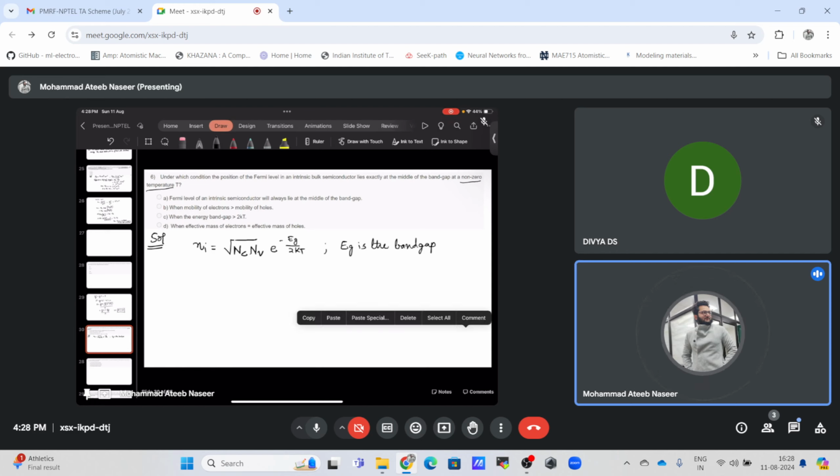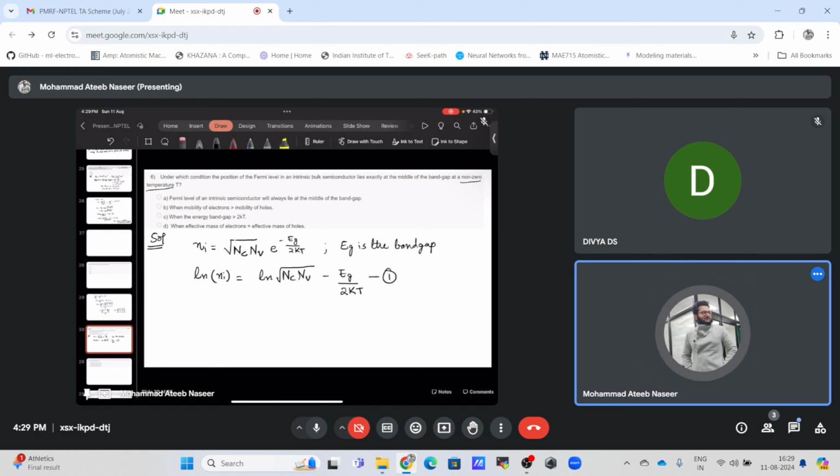This is the intrinsic carrier concentration we found in the lectures which the professor taught us. If I take the ln of this expression, ln of Ni is ln of root of Nc Nv minus Eg by 2kT. Let's name this equation 1.